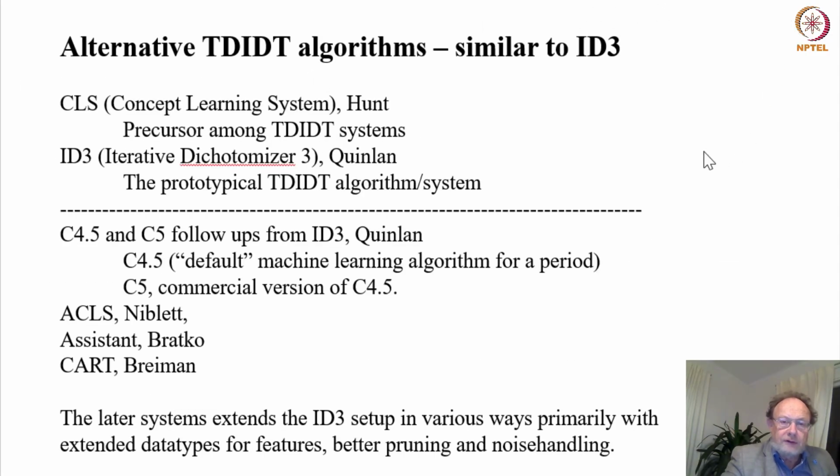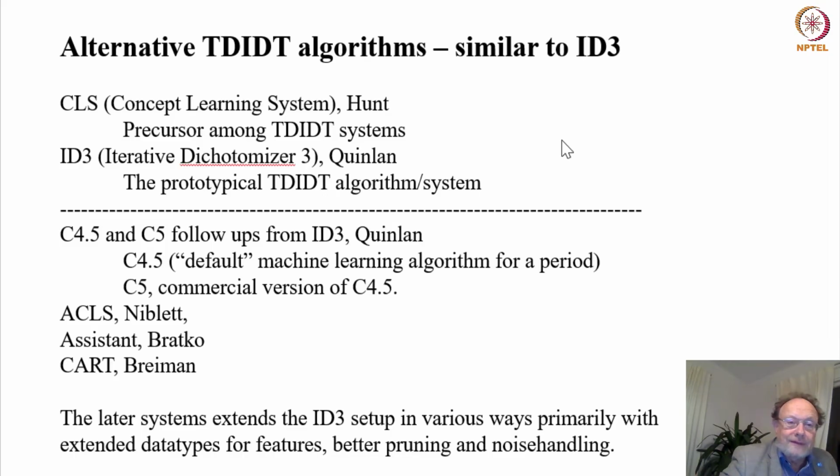Before we leave the top-down induction of decision tree algorithms, I want to say something about some other algorithms. So actually ID3, I would say, is the prototypical algorithm, and therefore I've been using it for exemplification.